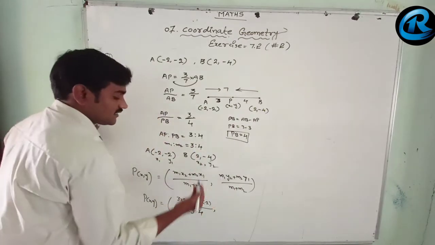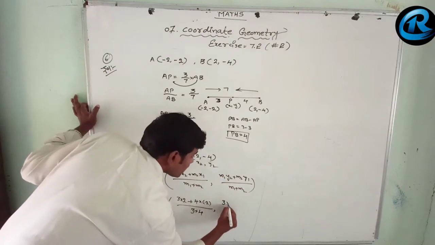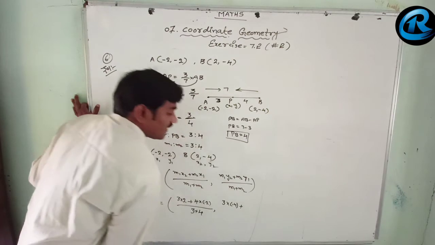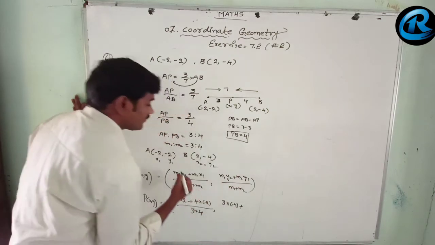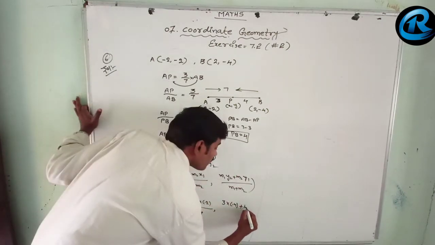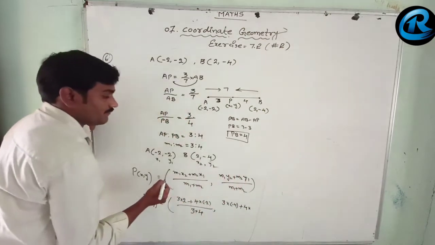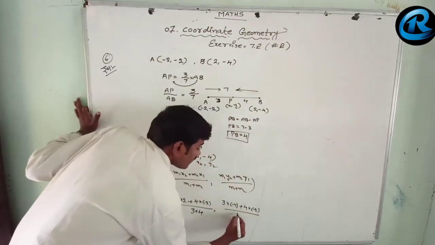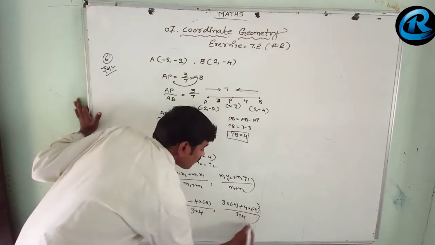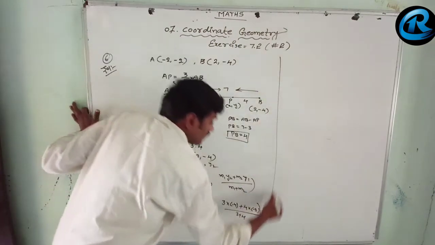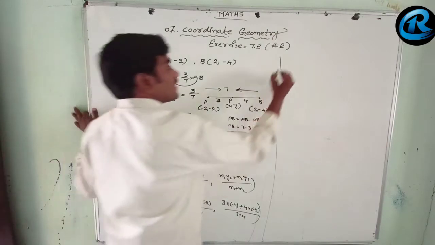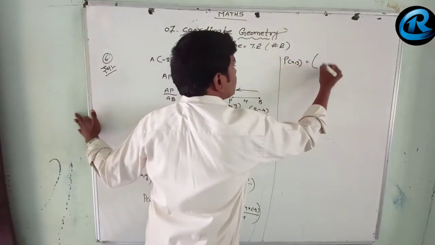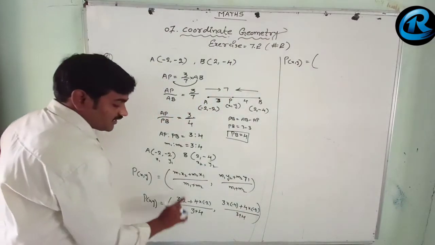Comma, the same again: m1 equal to 3 into y2, that is -4, plus m2 is 4 into y1, which is -2, by 3 plus 4. Now let's go for P(x, y) equals, now let us simplify, 3 2s are 6.